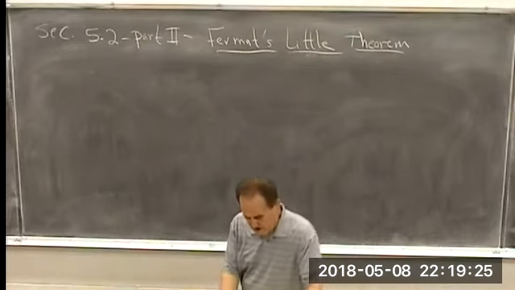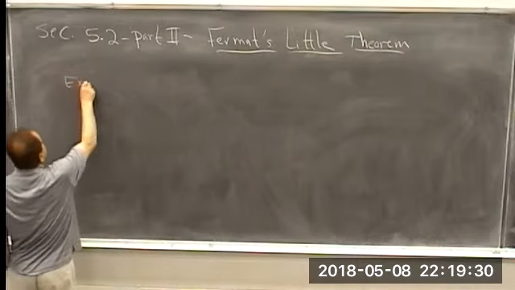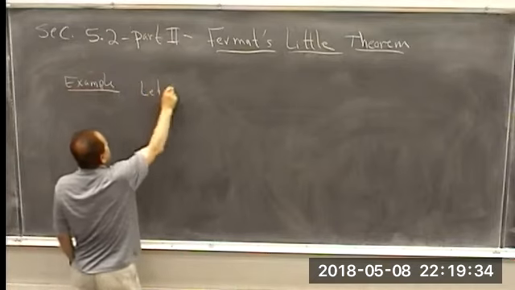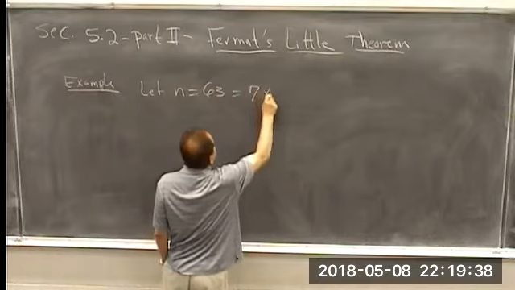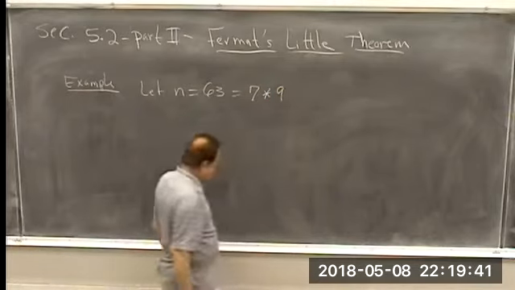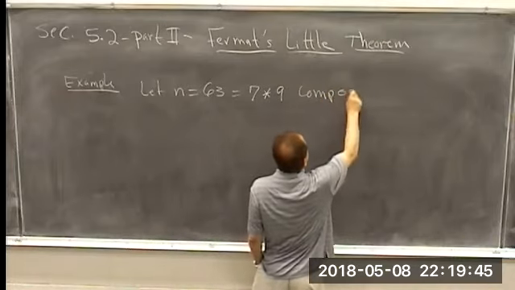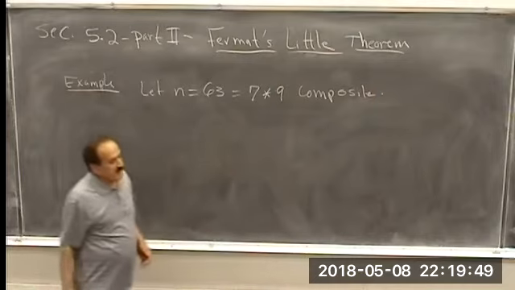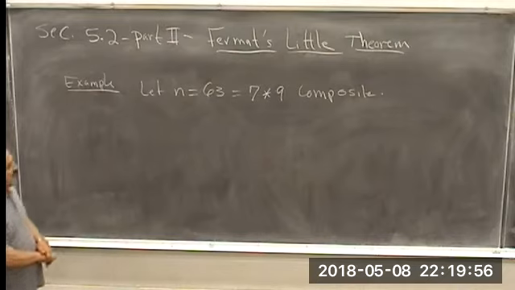All right, so here's an example. Let n equal 63, which I know is 7 times 9, so this is composite, we know that. I'm going to show that Fermat's congruence is not going to be satisfied for this.